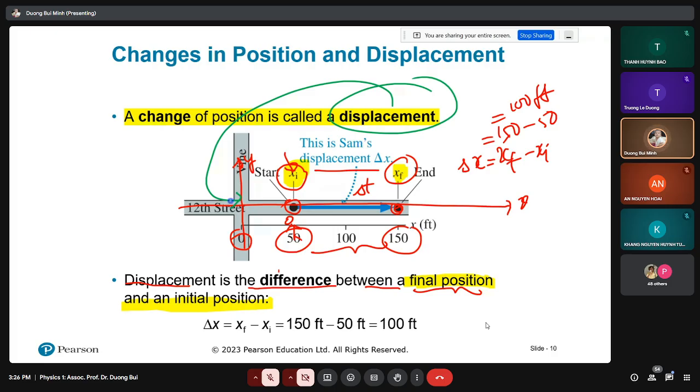If you don't have a coordinate system, you don't have displacement. The definition: the change of position is called displacement. Vietnamese meaning sự chuyển dời, sự dịch chuyển.